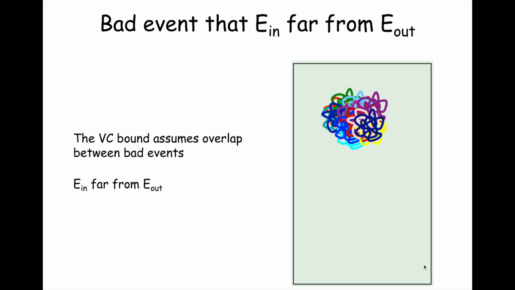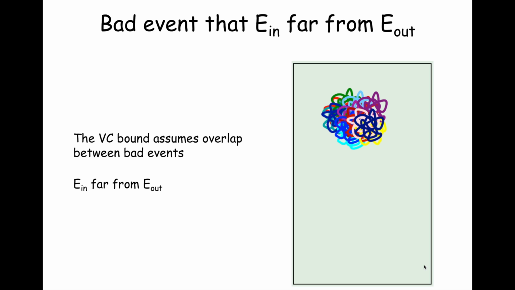With this VC bound, we talk about the hypothesis, its descriptiveness, in terms of dichotomies, but we assume that these bad events can overlap to a large degree in many parts of our space of possible data sets. In doing so, we make a much more conservative bound when it comes to the extension of Hoeffding's inequality, in contrast to what happened with the union bound.